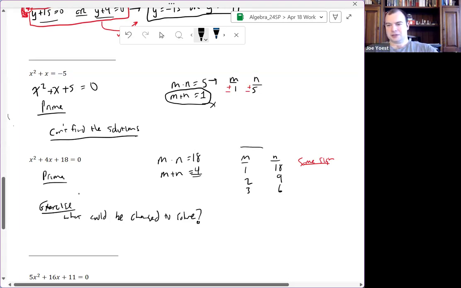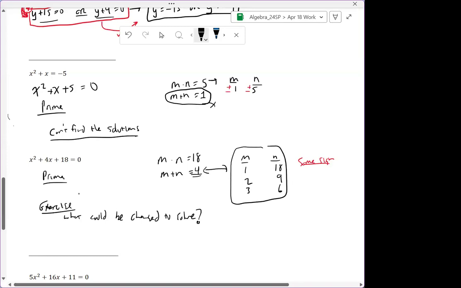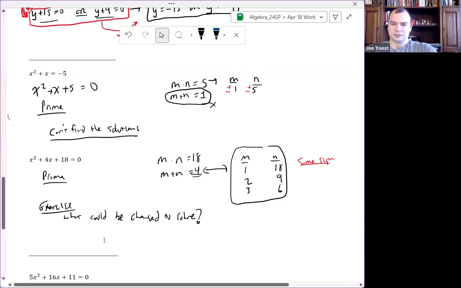Sorry, is this the perfect square thing or no? I suppose we could make it a +4.